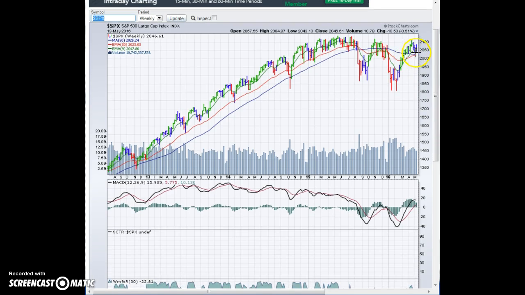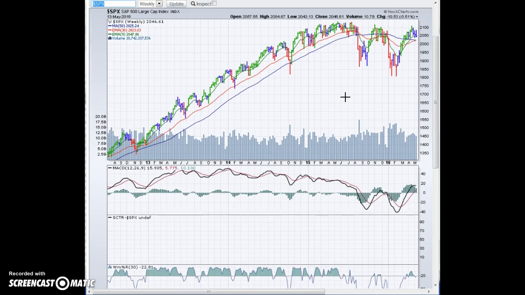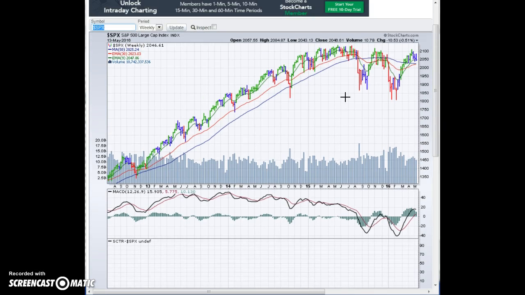The 9 is still above the 30, and the 50-day moving average is still holding here as support. The price hasn't broken below the 50-day moving average yet, or 50-week in this case. So the weekly chart is still showing some signs of weakness too, although it's bullish according to the trend lines.